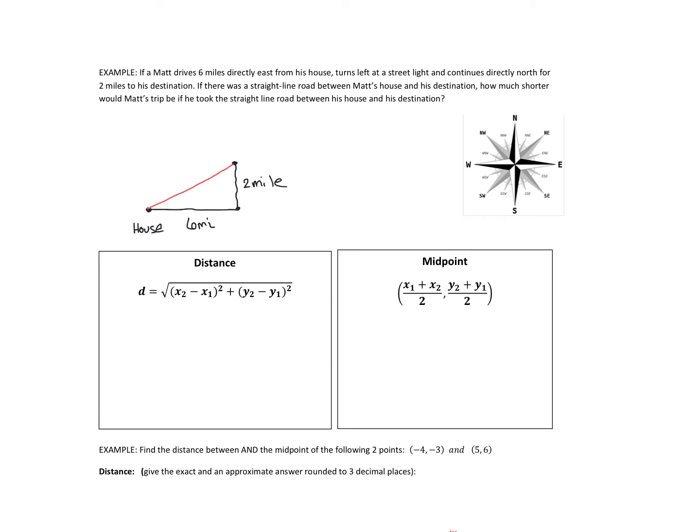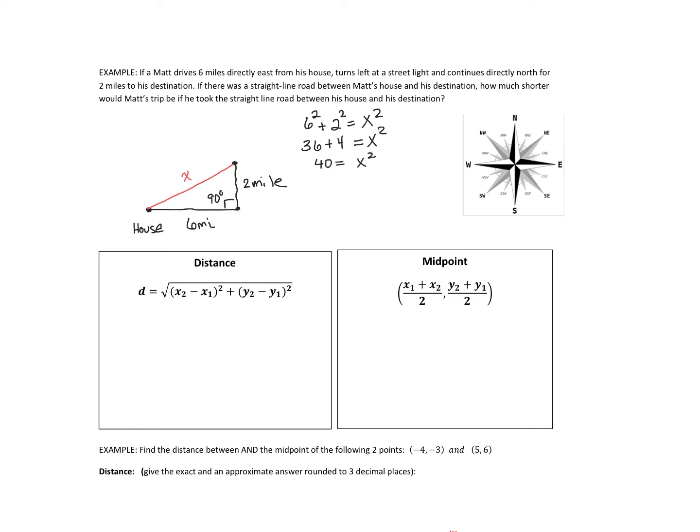Well, that means that what we don't know here is the hypotenuse. So we're going to use the Pythagorean theorem. Since he's going east and north, we know this is 90 degrees. And we're going to say 6 squared plus 2 squared equals x squared. 36 plus 4 equals x squared. 40 equals x squared.